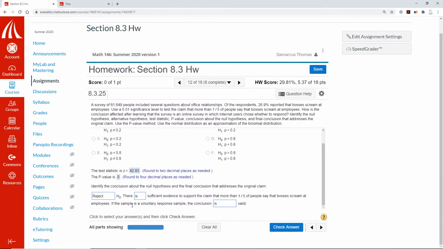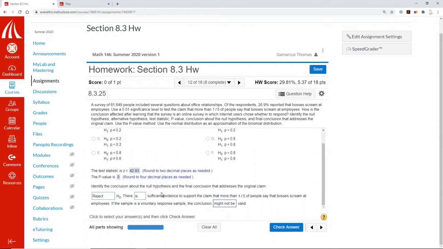Okay, hold on one second here. If the sample is a voluntary response sample, the conclusion may not be valid. All right, that's actually a good question, because one of the assumptions when conducting a hypothesis test is that you collect a random sample with less bias, but using a poll or a voluntary response sample, right away our data is flawed, it's skewed, and it does have a significant amount of bias.